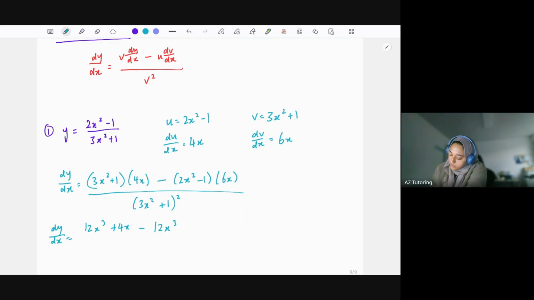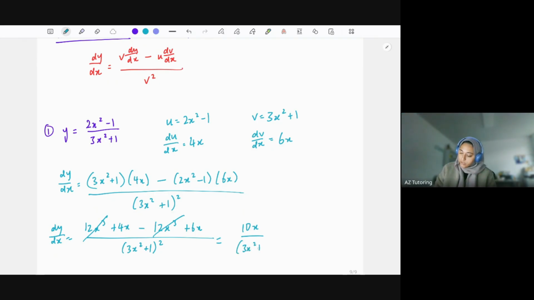And then I've got minus 1 times 6x, which is minus 6x, but I've got a minus there as well, so minus 6x is plus 6x. That's all over 3x squared plus 1 all squared, I'm just going to leave that as is. The 12x cubed terms cancel out with each other. I've got 4x add 6x, which is 10x, all over 3x squared plus 1 all squared. So I'll just leave it like that. That's dy over dx.